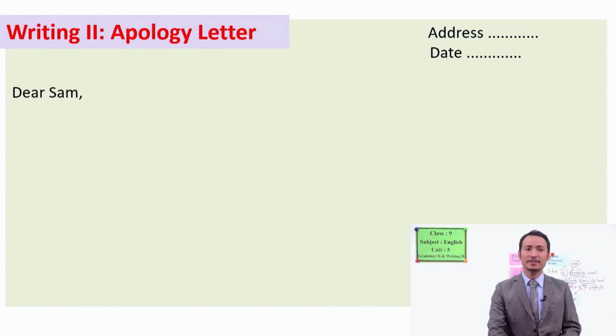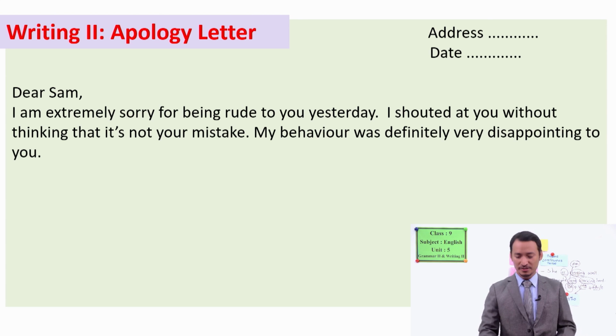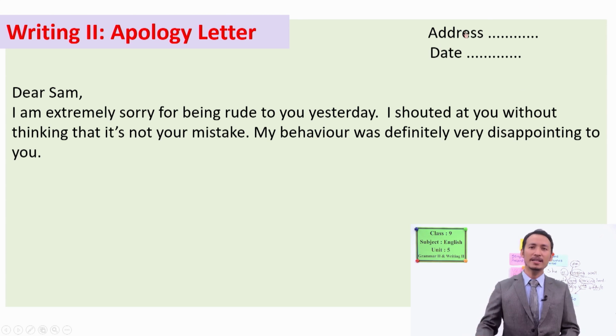This may be a rough example to you, but you can make it according to your situation. We have at the first top right corner your address, and then we have the date the letter is written, and we address the person whom we are writing. Dear Sam, I'm extremely sorry for being rude to you yesterday.